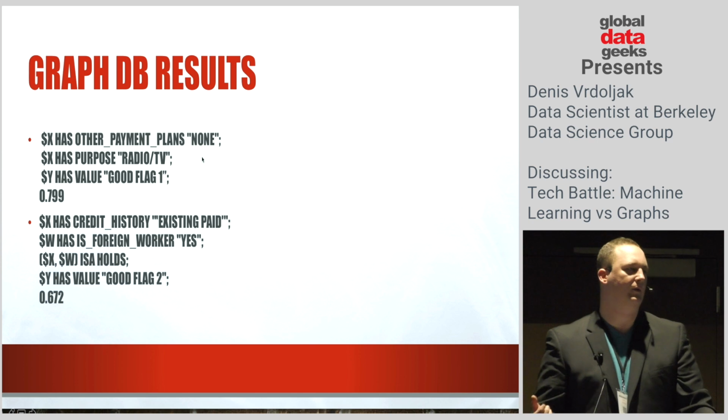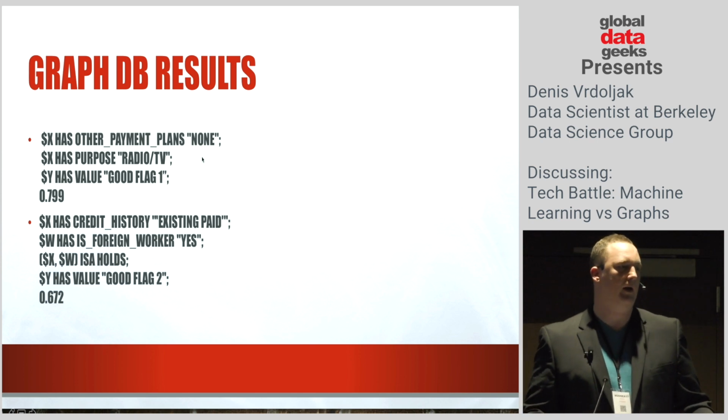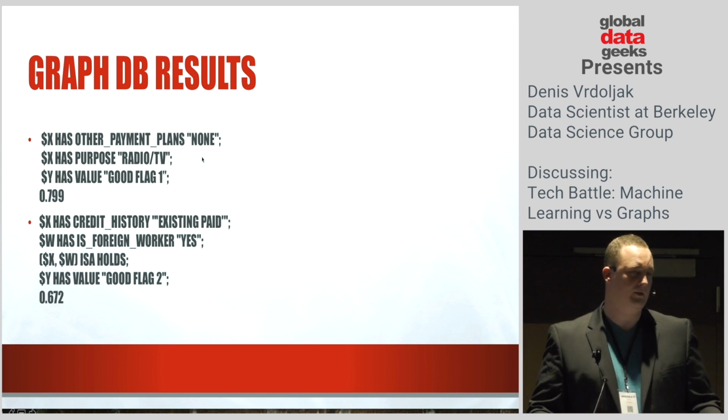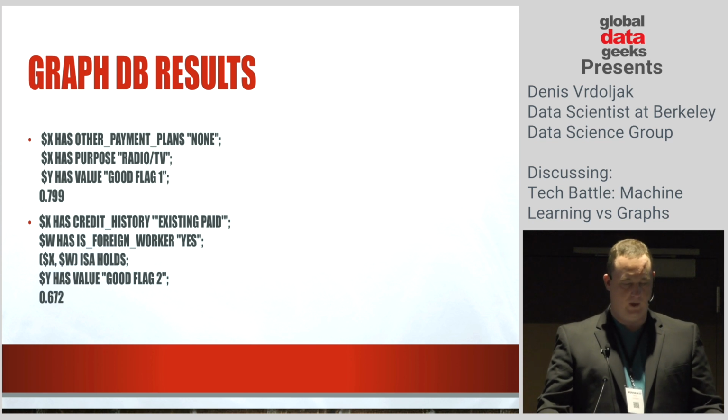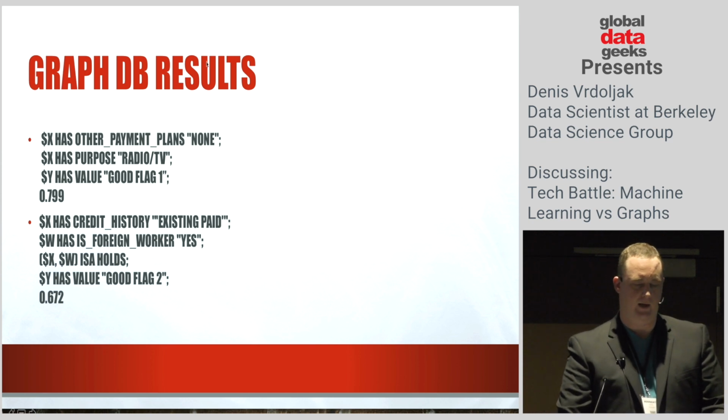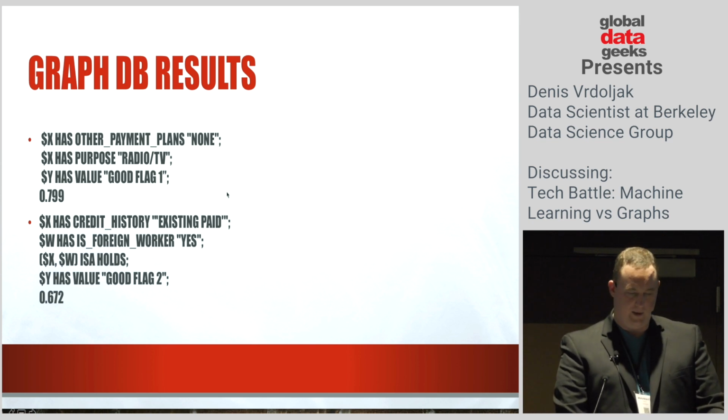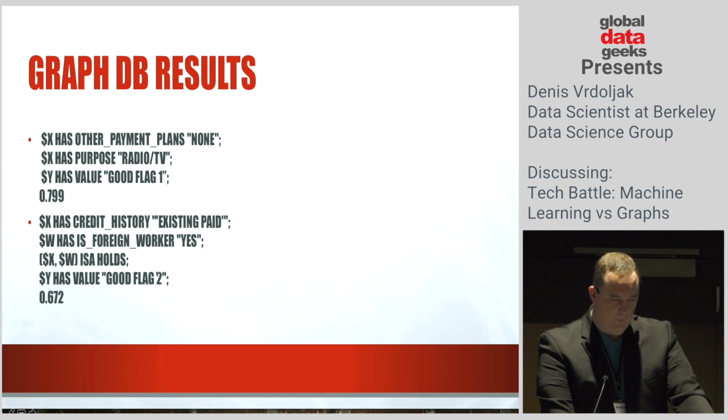So somebody applying for a loan or a line of credit related to a radio or TV service was more likely to have a good line of credit. And on the other side, somebody that was a foreign worker was more likely to have a bad line of credit.